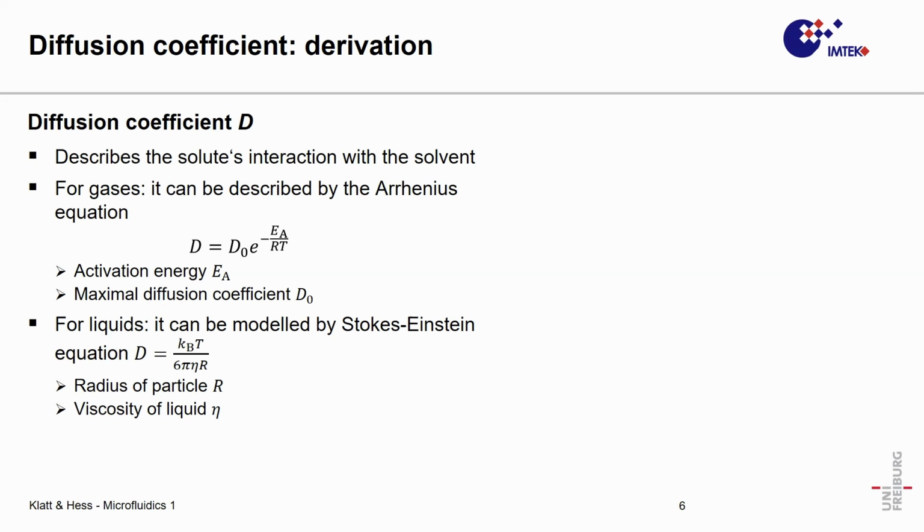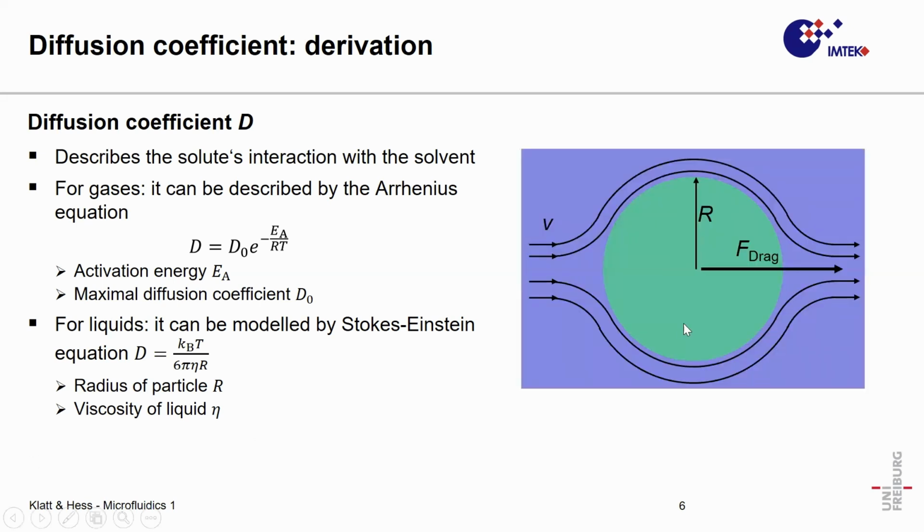The idea behind this equation is that you consider the movement of the particles within the liquid based on the drag force. So this means that it depends on the size of your particle. The bigger the particle, the lower the diffusion, the slower the diffusion. And it obviously also depends on the viscosity. The higher the viscosity, the slower your particle movement.